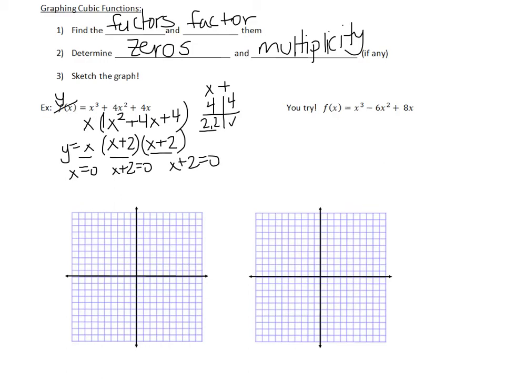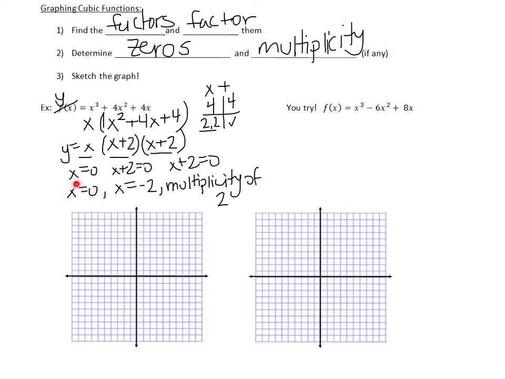So solving for each one, the first one is solved, x equals 0. The second one, I get x equals -2. And the last one, I get x equals -2. So instead of writing that twice, right next to where I wrote x equals -2, I'm just going to write a comma and say multiplicity of 2. So now I know that at that 0, I'm going to have to bounce off of it, versus this first 0, x equals 0, I'm going to go through.